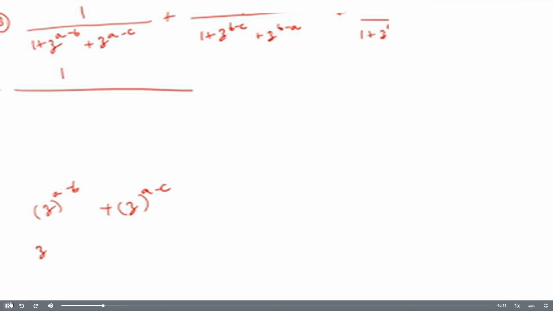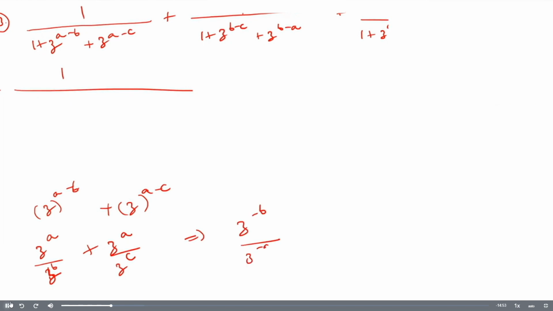We can write this as z to the power a by z to the power b plus z to the power a by z to the power c. But with this you cannot do anything much. Instead, if you write it as z to the power minus b by z to the power minus a, taking the a to the denominator, plus z to the power minus c by z to the power minus a, then you can bring these to a common level.